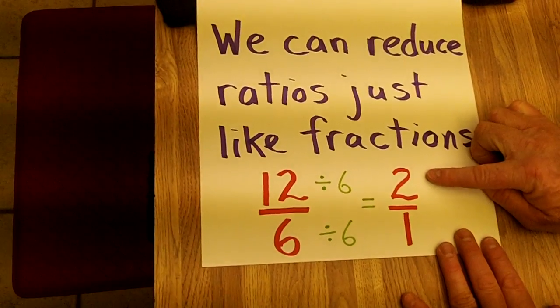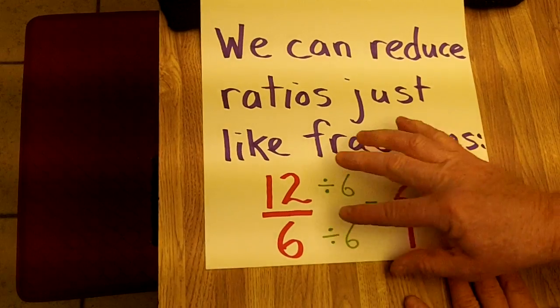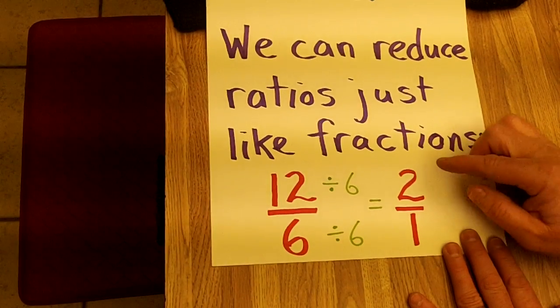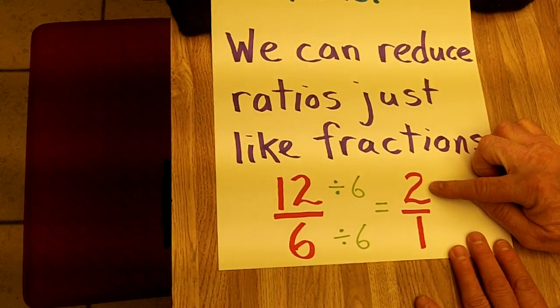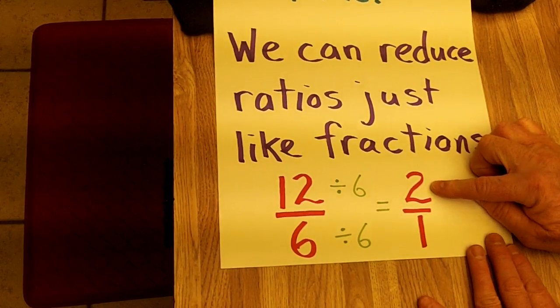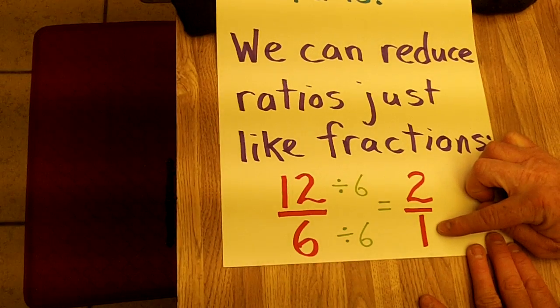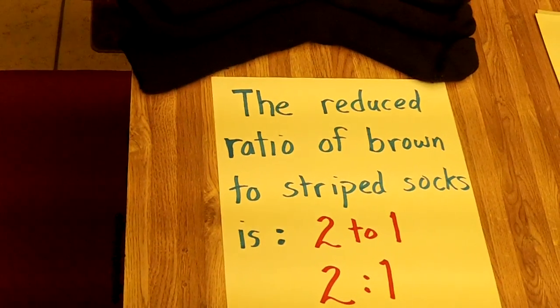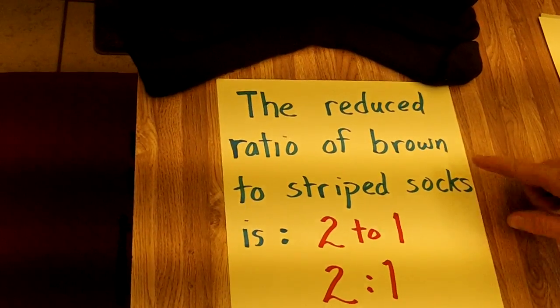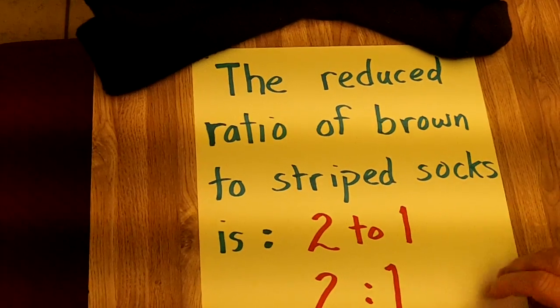Now watch this. 12 over 6 is not just 2 by itself, because it's comparing two numbers. So there are 2 brown socks for every 1 striped sock. That's what that fraction says. Okay? Now let's look at that reduced ratio in the 3 ways to write it.